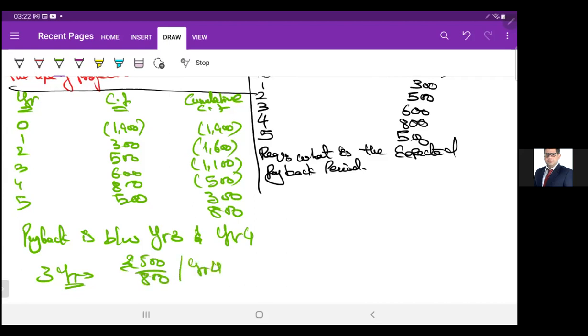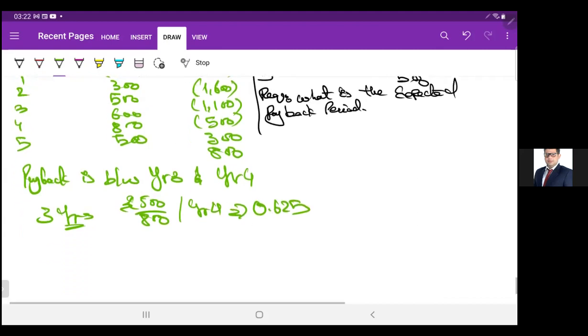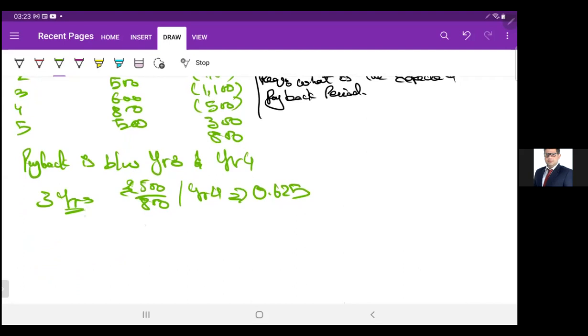The cumulative cash flow is minus 500 at the start of year four, and the year four cash flow would be 800. So 500 divided by 800, we will get 0.625. Therefore the payback is 3.625.